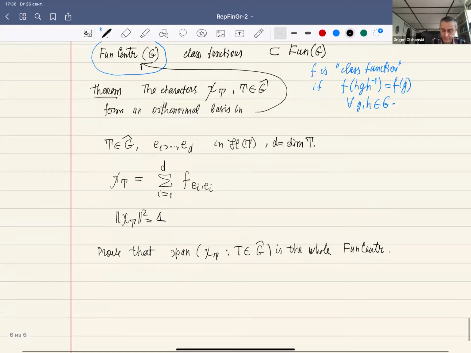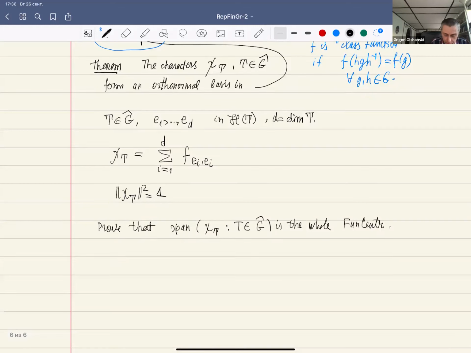How to do this? So take f, which is central. And using the previous result, we can write it as the sum over the irreducible representations of certain generalized matrix coefficients.